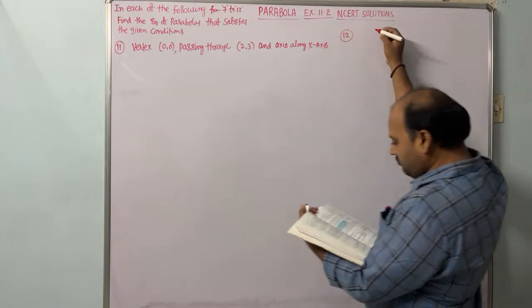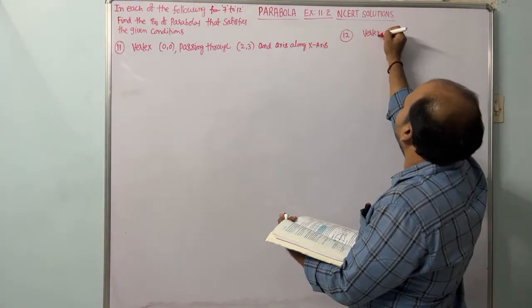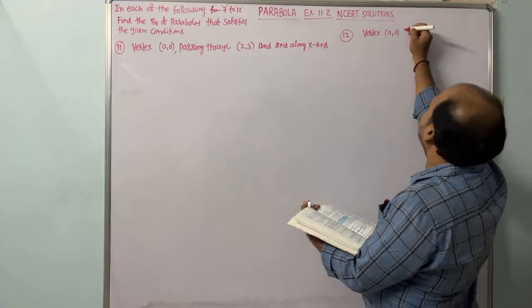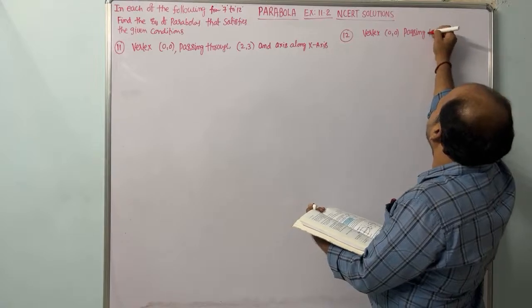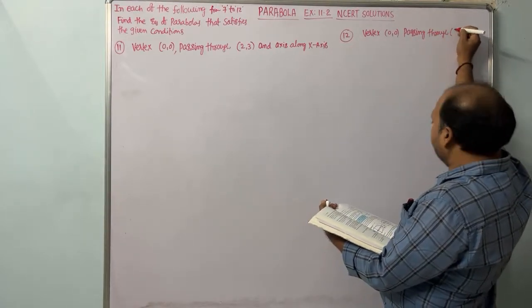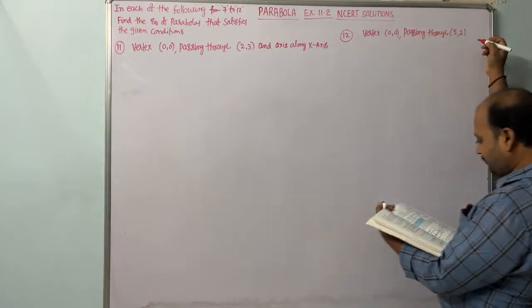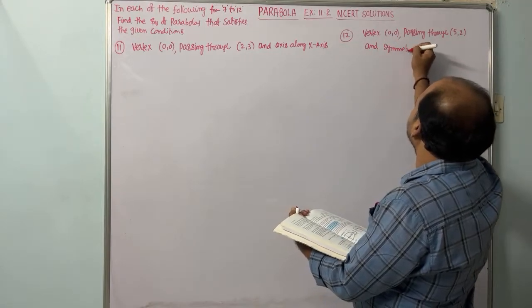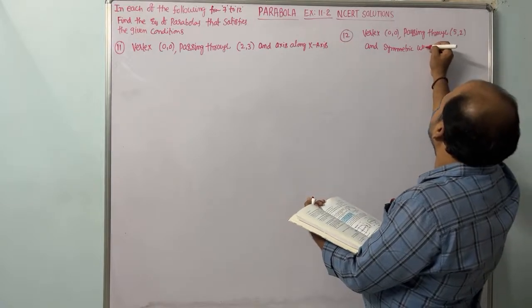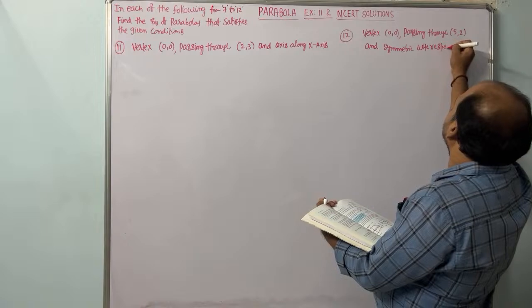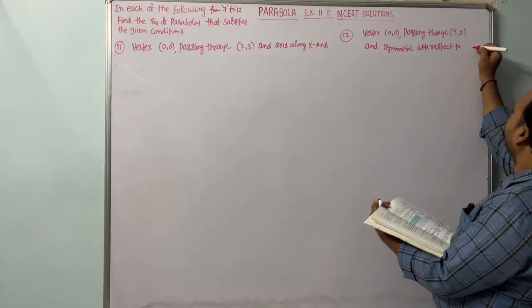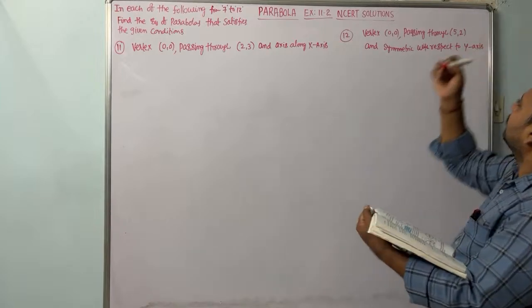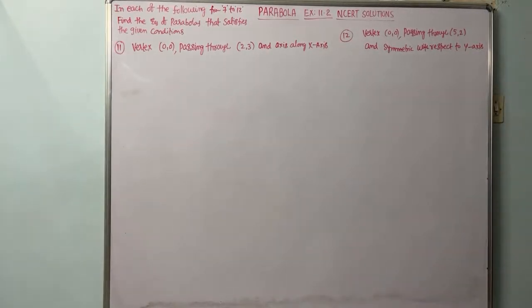Next, question number 12: vertex 0 0, passing through 5 comma 2, and symmetric with respect to y-axis. So we'll finish these two.